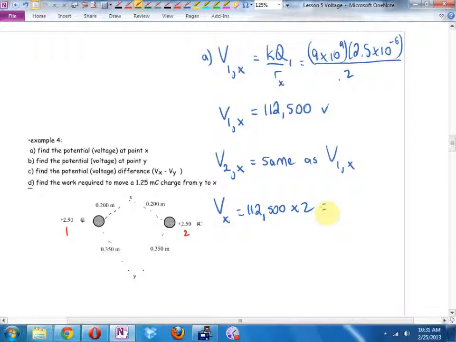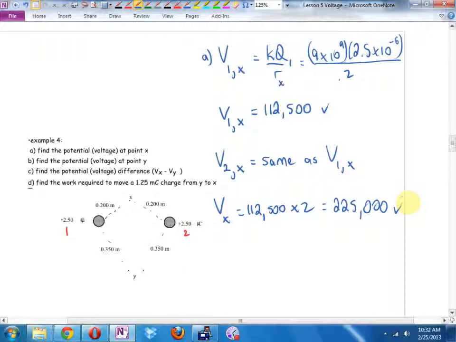Did you not get the 112,500? But you have an answer button. I guarantee it. Or you could have done it in your head and come up with 225,000 volts. The total voltage at location X is 225,000 volts.